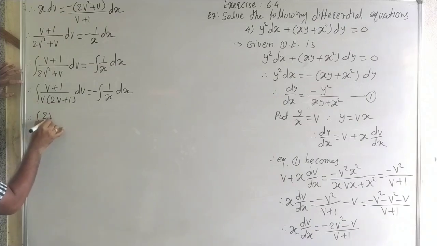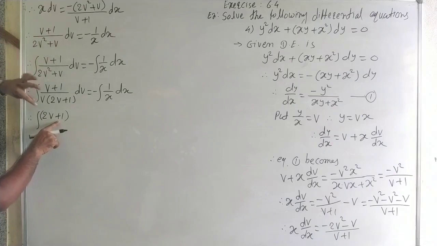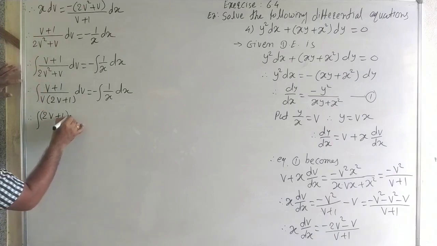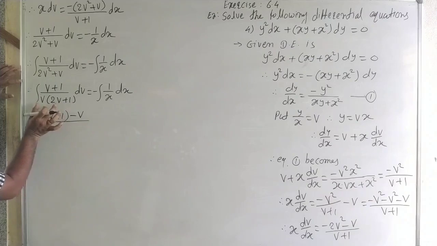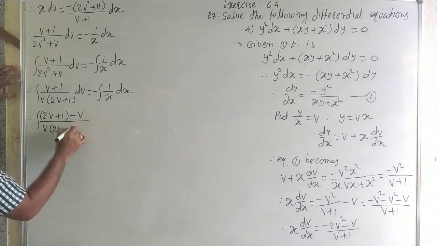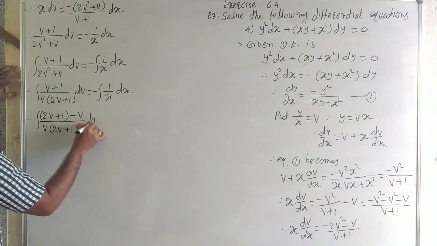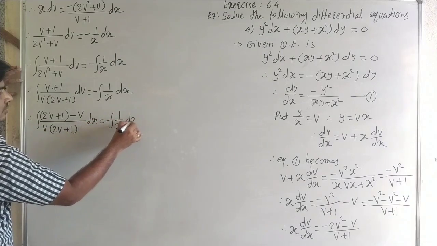We can write 2v + 1, but in the numerator there is only v + 1. Plus 1 is as it is, but it is 2v, so we can write minus v. And the factors in the denominator, v into (2v + 1) dv, and it is as it is, integral of 1 by x dx.